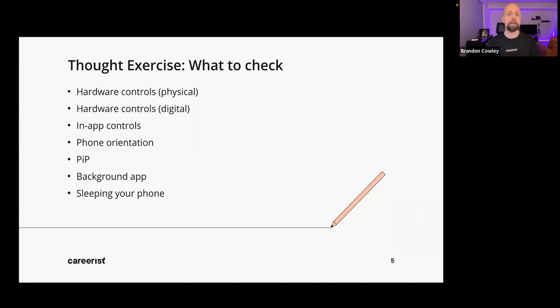And then on the flip side, what if I'm using my cellular network and then I turn off my cellular connectivity and then only have Wi-Fi, right? What if I put it in airplane mode? What happens to the content that's playing? The reason that this is a hardware control via digital control is because we're controlling the antenna being on or off, that ability to get that data in there. That's a digital control of hardware.